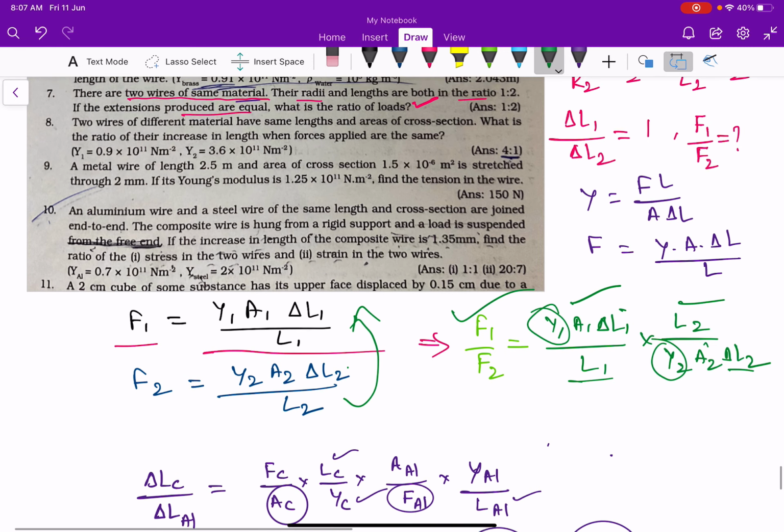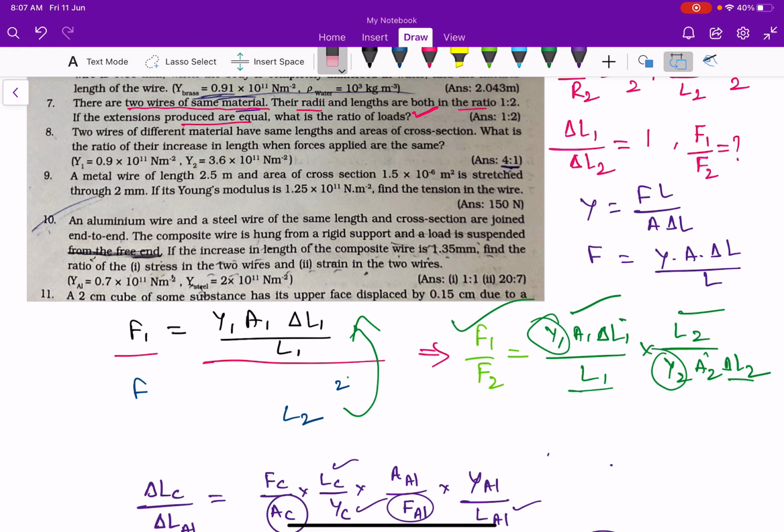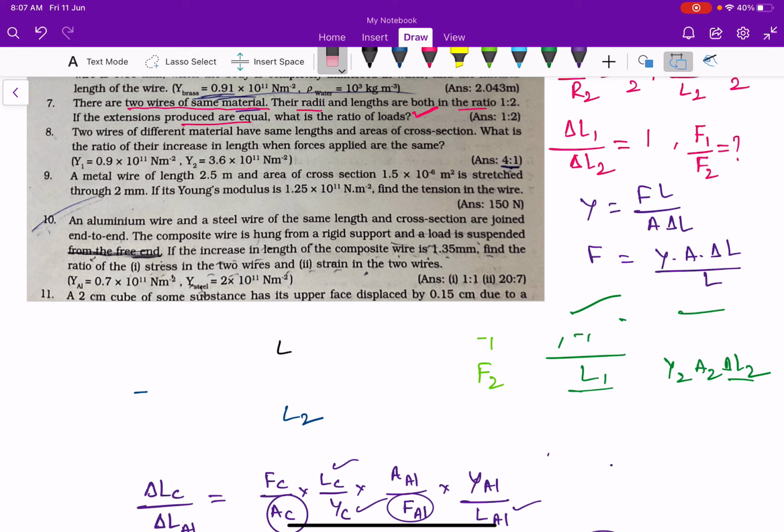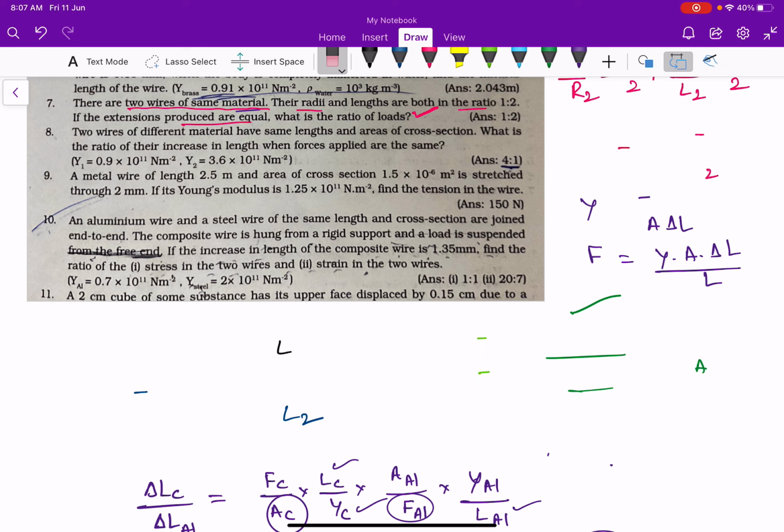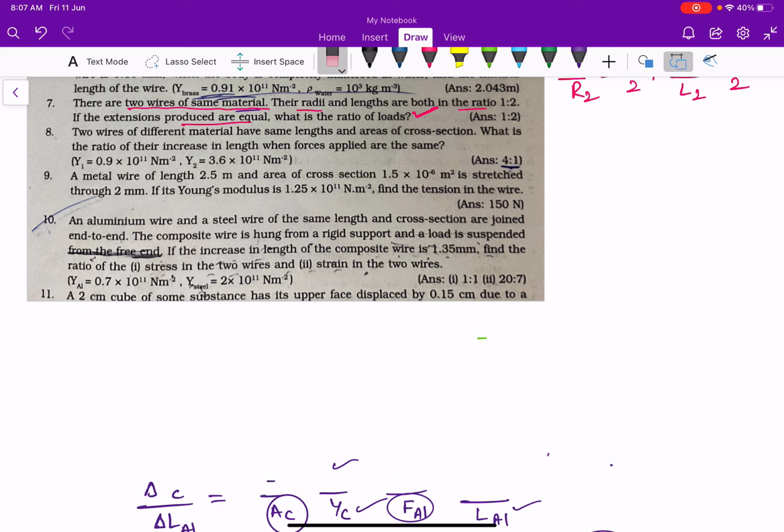Now come to problem number 8. Problem number 8 is: two wires of different material have the same length and area of cross section. What is the ratio of their increase in length when the forces applied are the same?